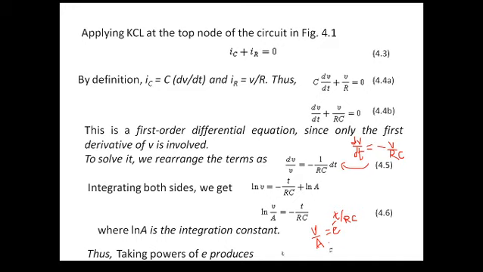Okay, then V equal to A into e power minus t by RC. This is the voltage expression. Again, I am taking the same expression here: V of t equal to A into e power minus t by RC.